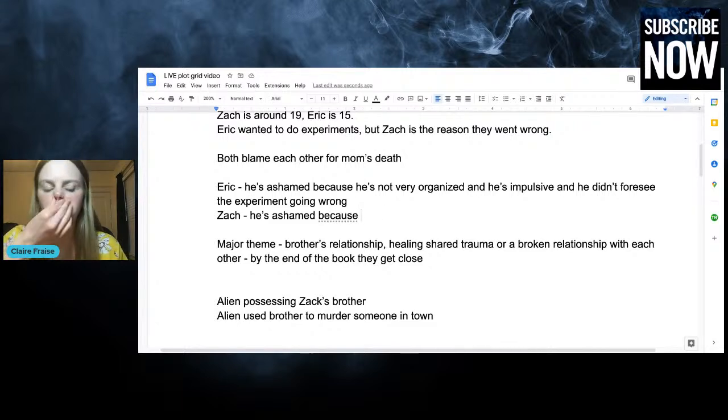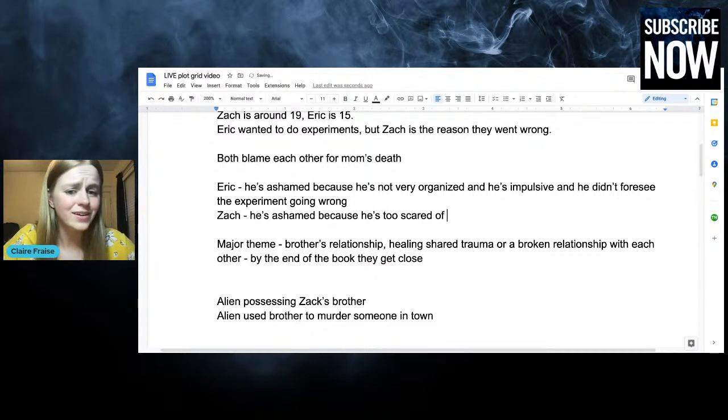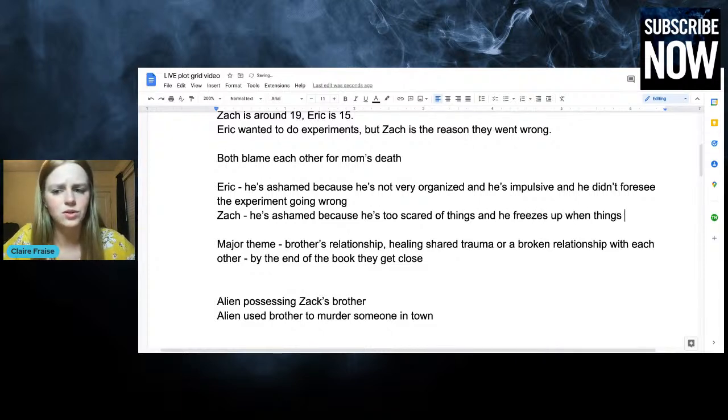We want the brothers to be different, and we want their shame to be different, because later when we create a climax, we're going to have to think of different tasks or situations that they have to overcome in order to win this internal battle with themselves and repair their relationship with their brother. So maybe Zach is too scared of things and he freezes up when things go wrong.